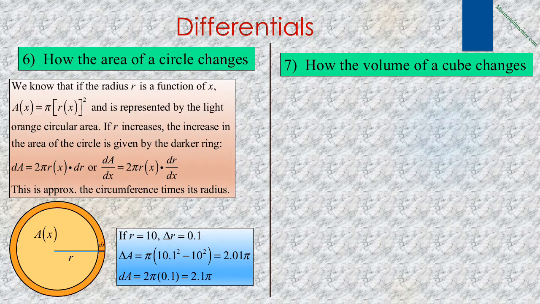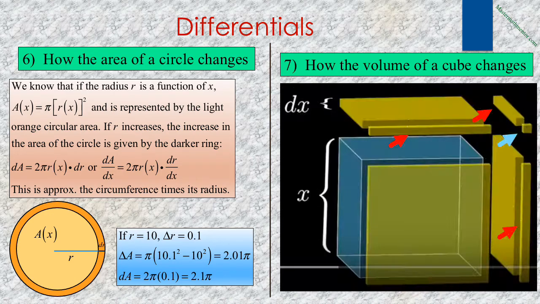In number 7, we show a geometric argument of how the volume of a cube changes. We can see what is happening in the exploded diagram. The blue figure represents our original cube. The yellow represents a cube that has grown.